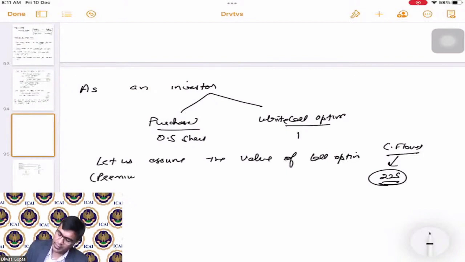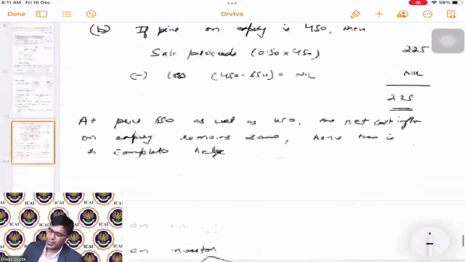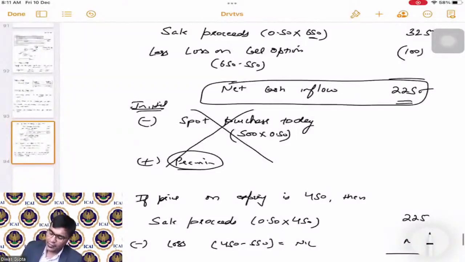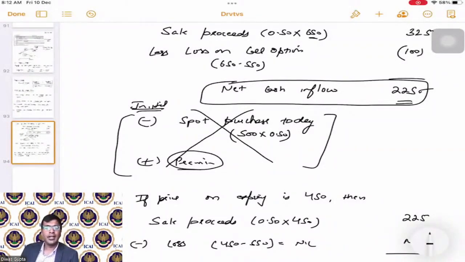This is the premium only. Let's assume the value of the call option to be P. Now, students, if you note here, I was trying to fulfill this, but since we don't have the premium, I have not done that calculation of the initial cash flow. Now the question is asking us to do that.